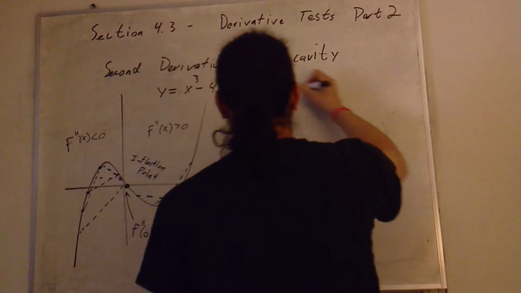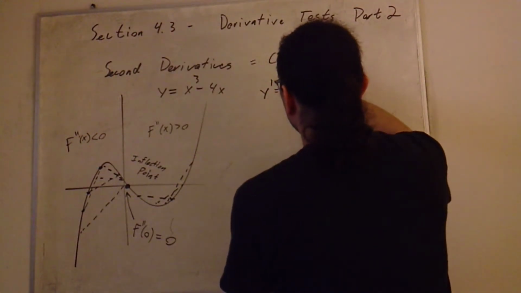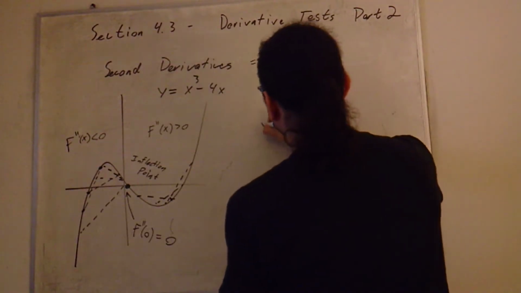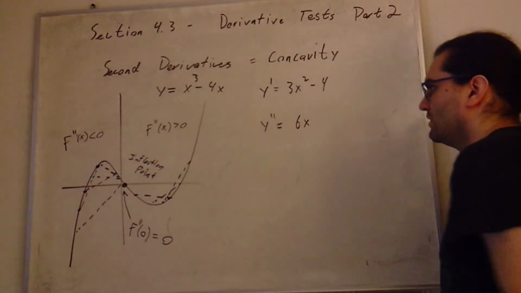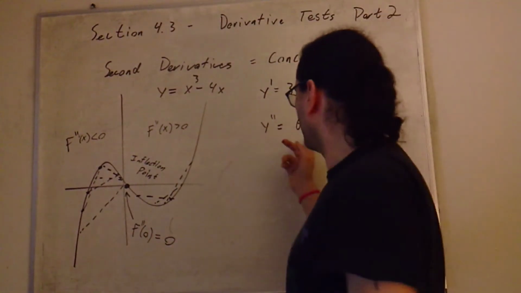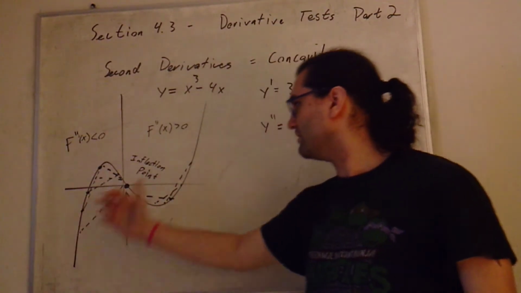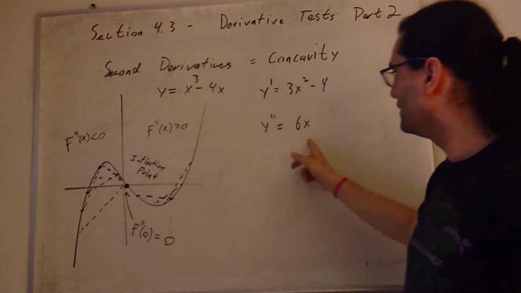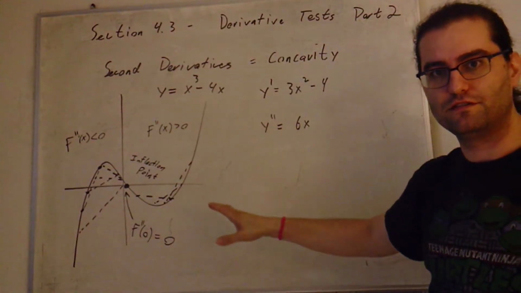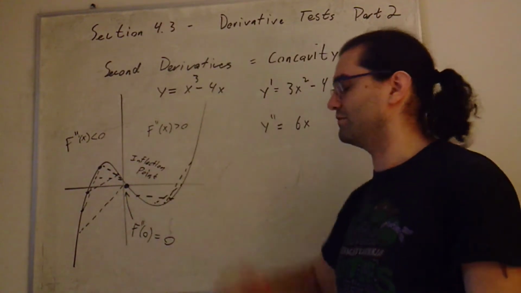Y prime is 3x squared minus 4. Y double prime is 6x, which checks out. If you plug negative numbers in, you'll get a negative concavity. If you plug positive numbers in, you get positive concavity. And if you plug in 0, you'll get a concavity of 0, or a second derivative of 0, which means you have the inflection point.